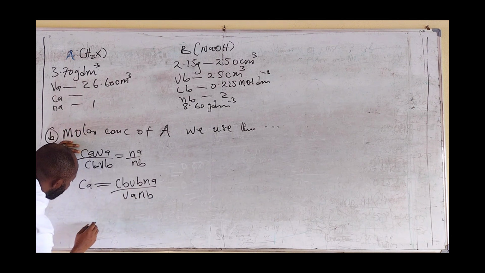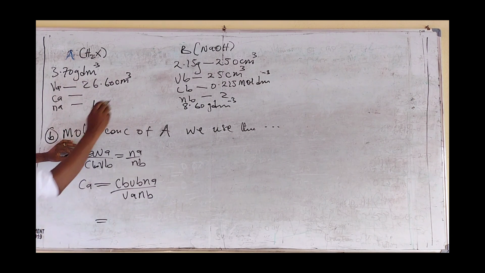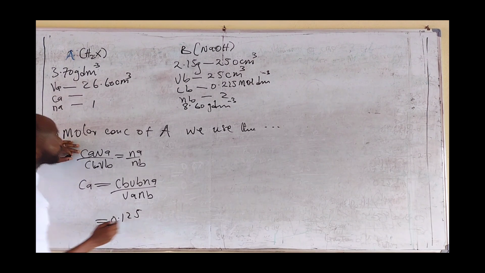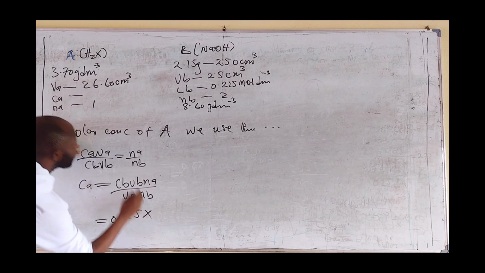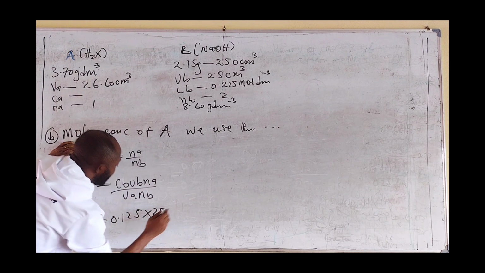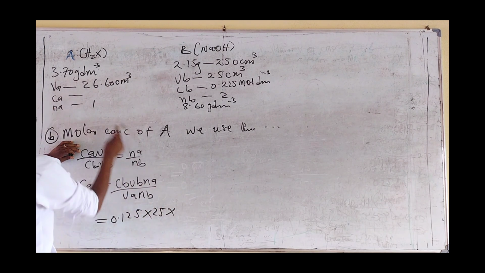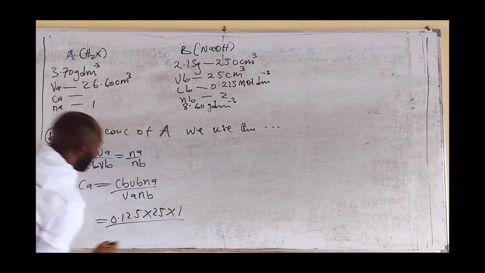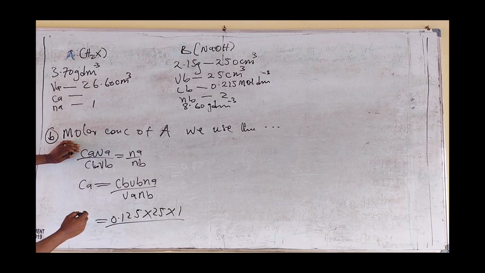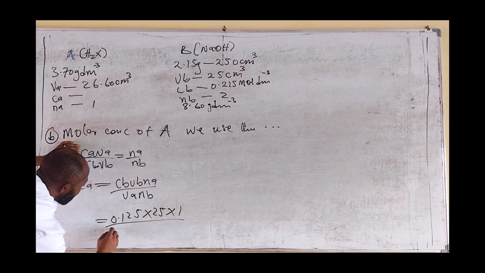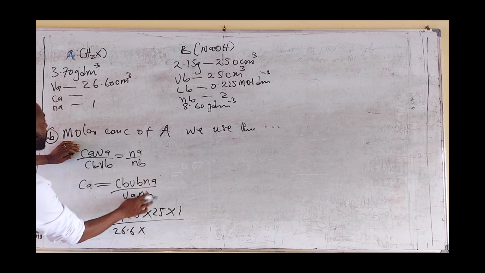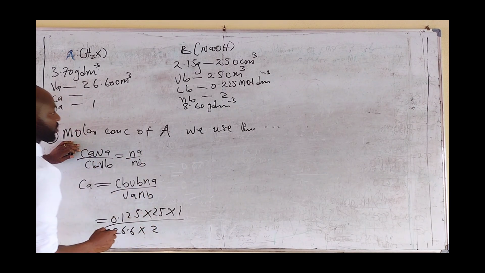And this is equal to concentration of the base, which is given to be 0.125 times volume of the base, 25, times number of moles of the acid, 1, over volume of the acid, 26.6, times number of moles of the base, 2.